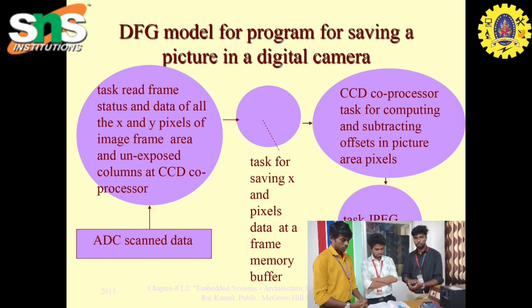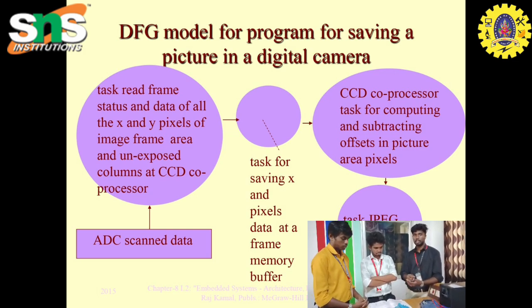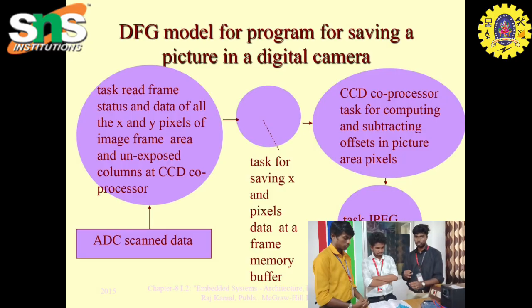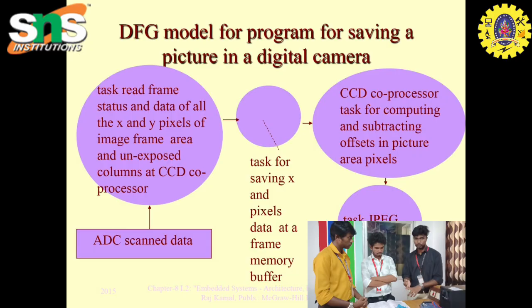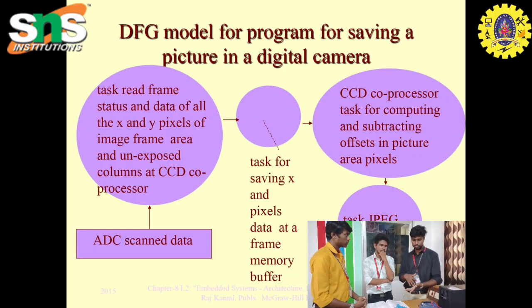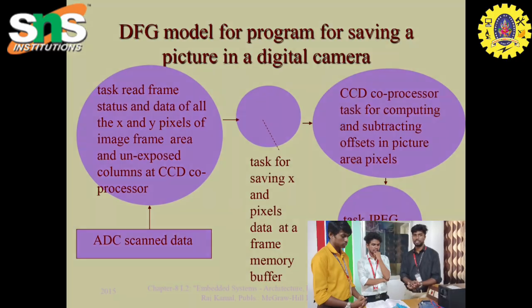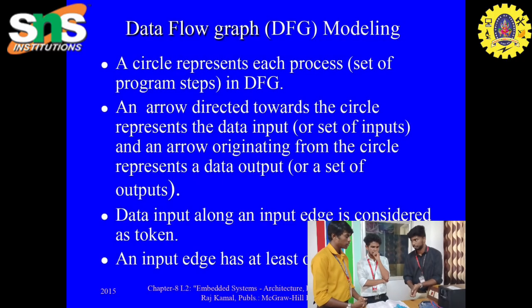The output is that it is saved in a memory card or any other storage device. So the three processes, capturing, image processing and storing, form the data flow graph for saving a picture in a digital camera.